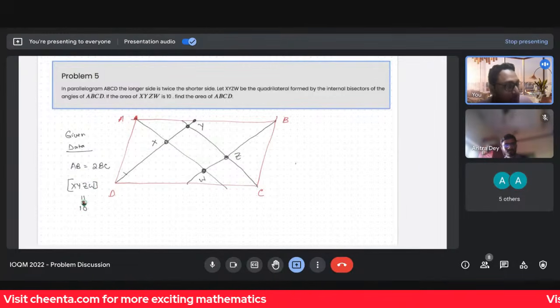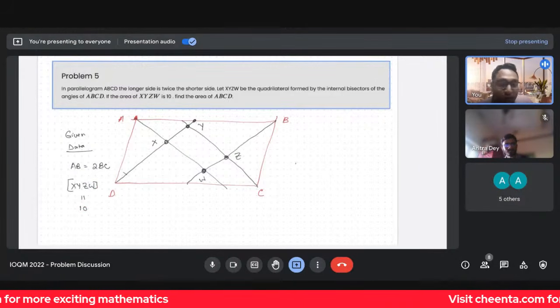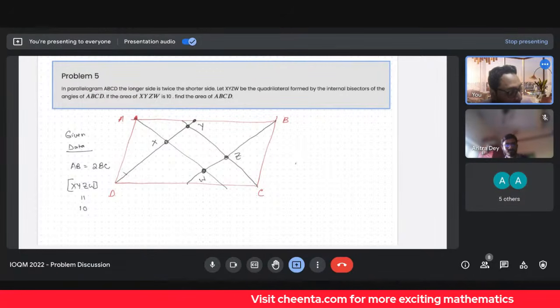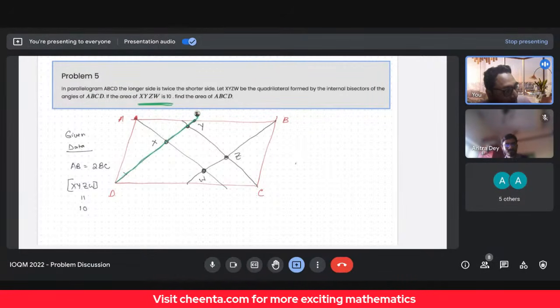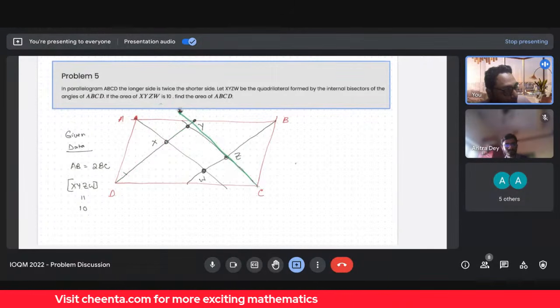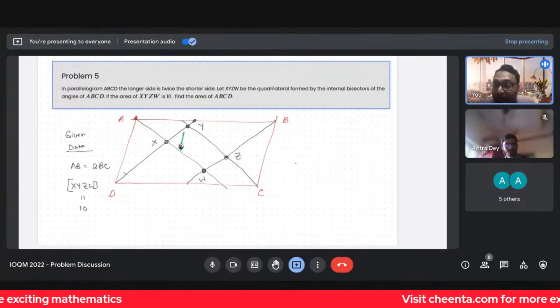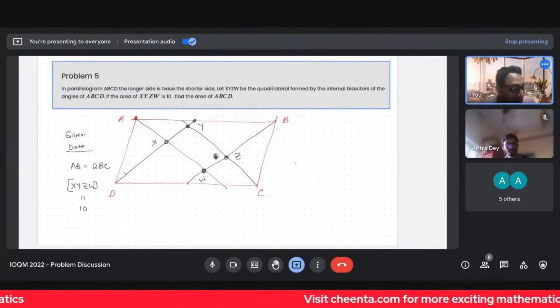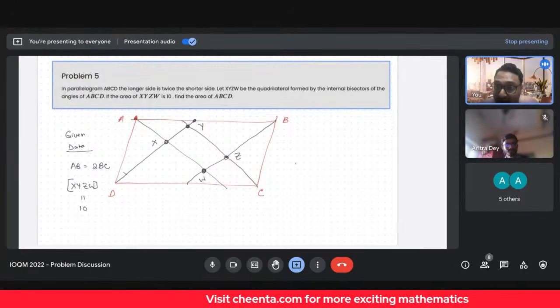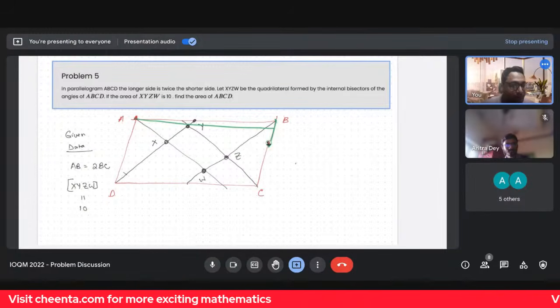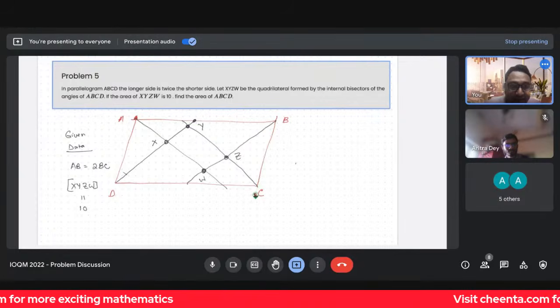So these are the two things that are given to me. There are angle bisectors of the parallelogram that are making this particular quadrilateral in between, and the area of that quadrilateral is 10. And AB is twice BC. This is all that is given.